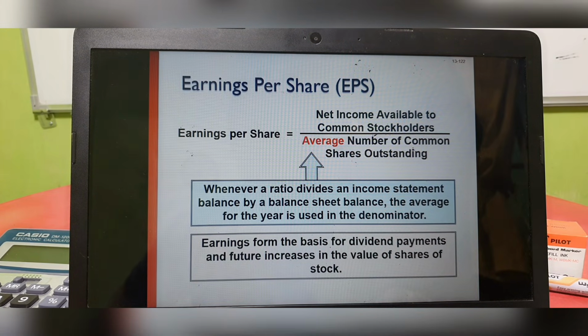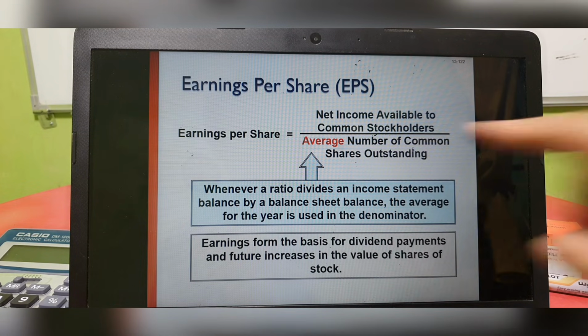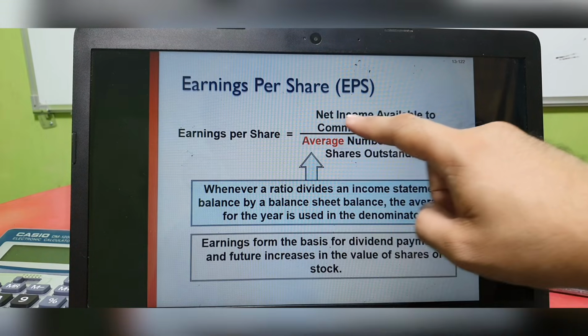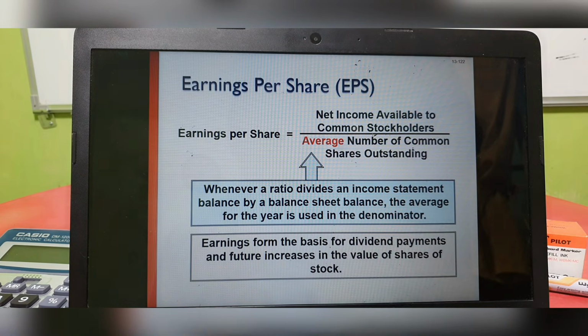Then, earnings form the basis for dividend payments and future increases. So, itong earnings per share, actually, itong net income na to, dito nakadepende yung magiging dividend payments sa mga common stockholders. Are we going to declare certain percentage, gaano karami i-declare natin, gaano karami yung i-retain natin.